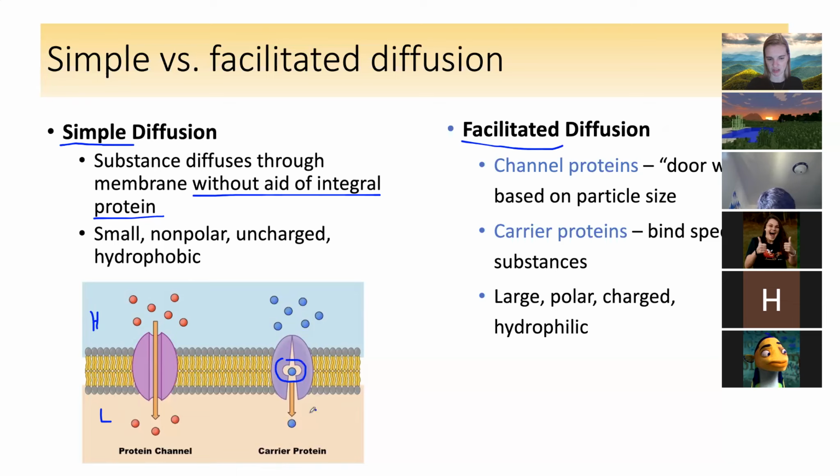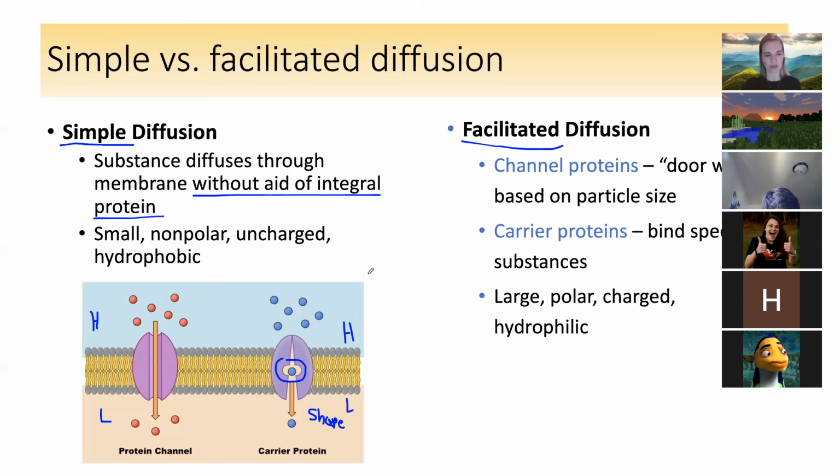We can see that it conformed to this round molecule here. In reality, the shapes of molecules are a lot more complex than little round circles. So these are going to be very specific for whatever type of molecule they're allowing to pass through. But again, it's still diffusion, which is passive, so we're going from an area of high concentration to an area of low concentration.